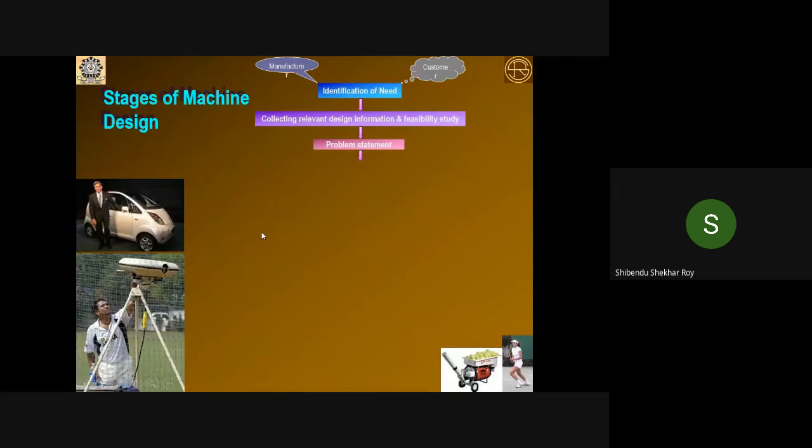Once you define your problem, then you have to draw certain specifications, task specification or performance specification. Now, how do you specify a machine here? For example, if you would like to purchase a cell phone or a laptop, it depends on how big your pocket is, but still you have to specify certain parameters.